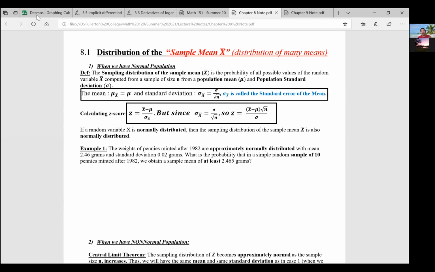So the mean of the means will be the same as the population mean, right? So that's how they define that for section 8.1. And the standard deviation of the sample mean will equal the population standard deviation divided by the square root of n, right?